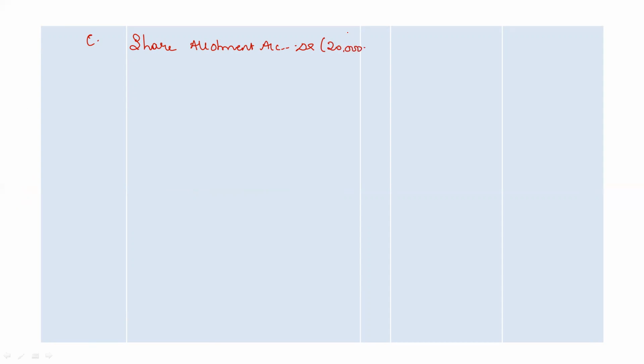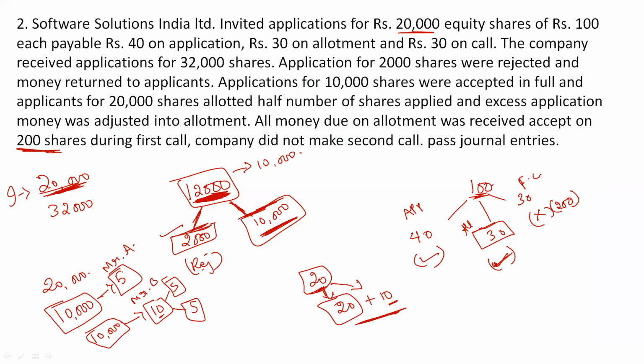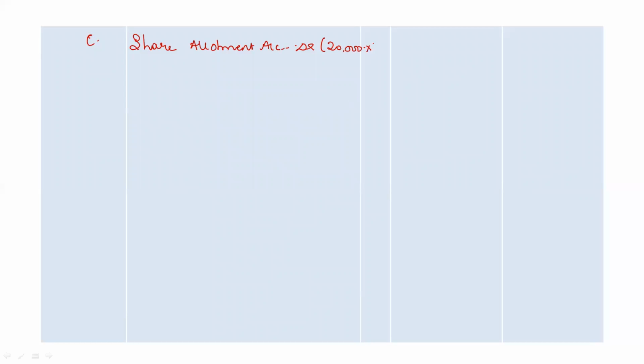See, the company accepted 30,000 shares, I agree, but they are adjusted to 20,000 shares. So here the number of shares taken will be 20,000 itself. The allotment money is 30 rupees per share, so 20,000 into 30 will be 6 lakh rupees. So the company is asking to pay 6 lakh rupees during allotment to share capital account.